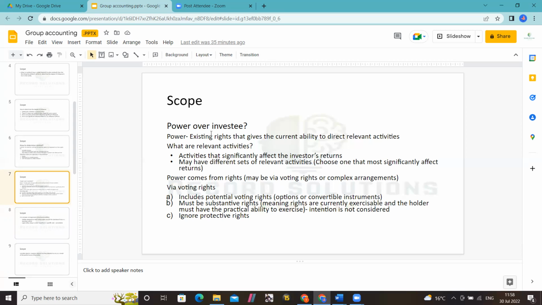So sometimes they give you something like, they say you have a 40% stake in the business, and it is via voting rights. However, you didn't buy these voting rights.